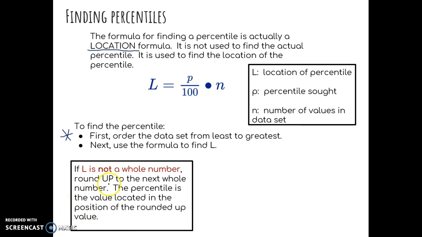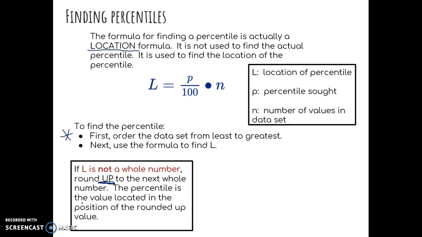Okay, so what do we do if L is not a whole number? We're going to round up to the next whole number. That is where you need to throw out the rounding rules you have learned in the past, where if you've got 5 or above, you go up, and if it's 0 to 4, you stay the same.